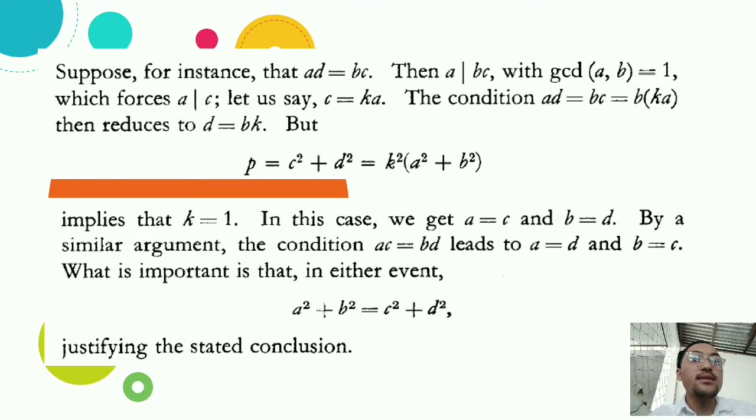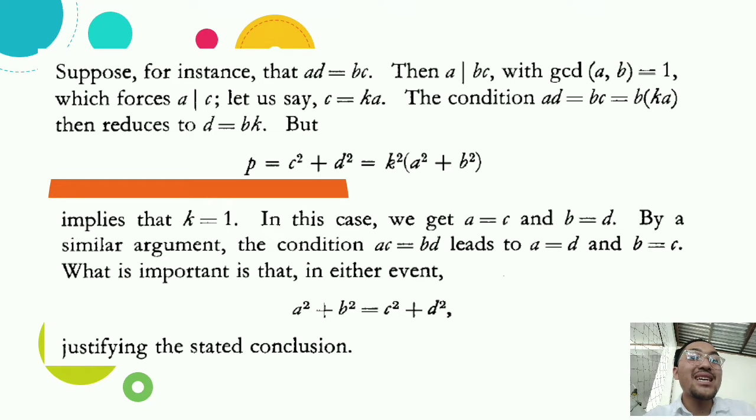It follows that either AD equals BC or AC equals BD. Suppose for instance that AD equals BC, then A divides BC. With GCD(A, B) equal to 1, which forces A to divide C. Let us say C equals kA. The condition AD equals BC equals B times kA then reduces to D equals BK.